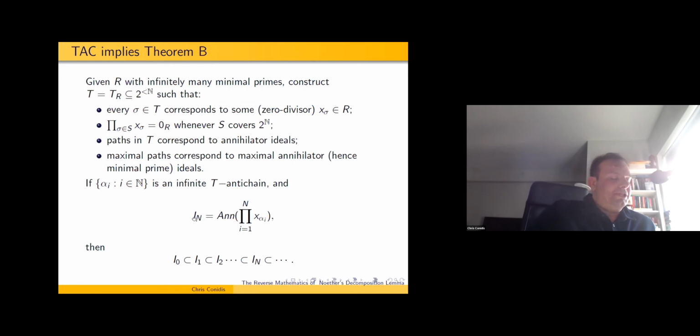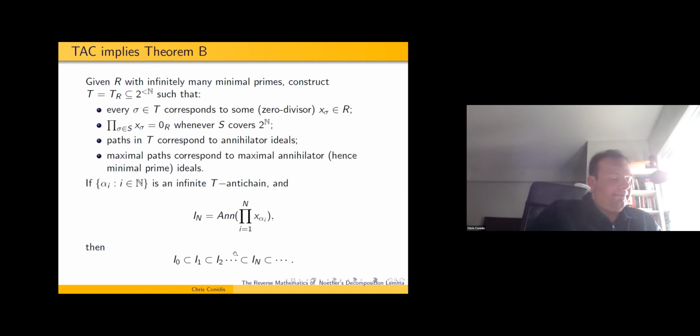And so you can create a uniformly computable, relatively computable from your anti-chain, infinitely strictly ascending chain of ideals. This construction is totally computable because of these annihilator ideals, because you can take every element of your strictly ascending chain to be an annihilator of a single ring element.